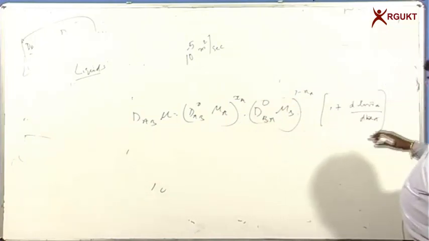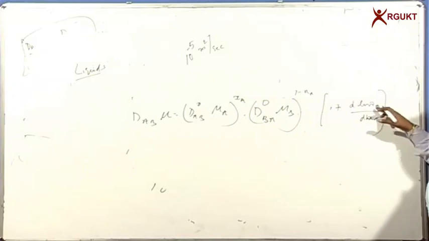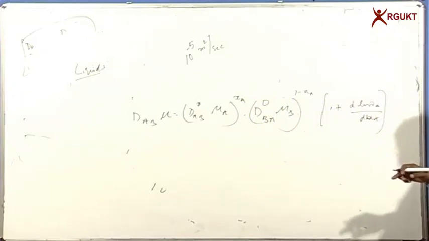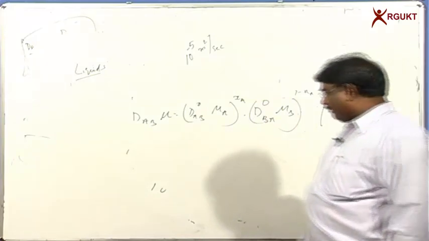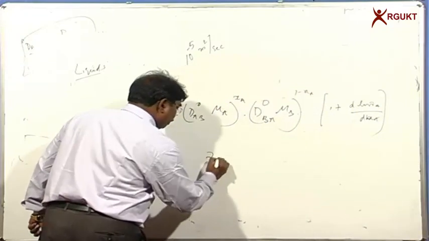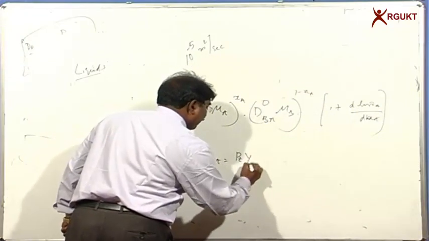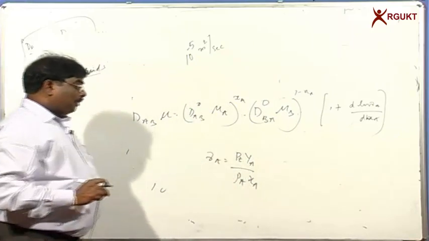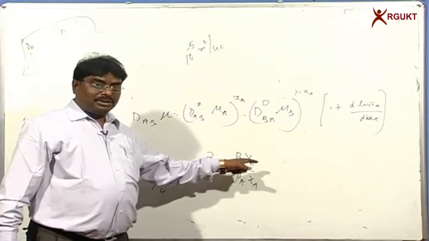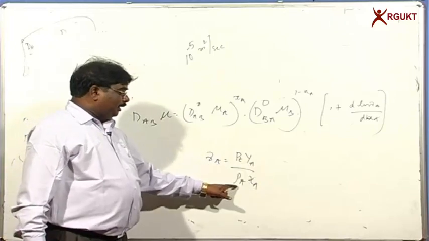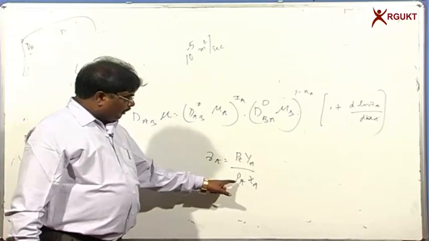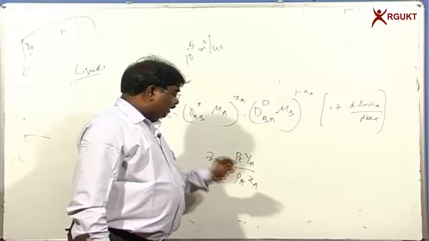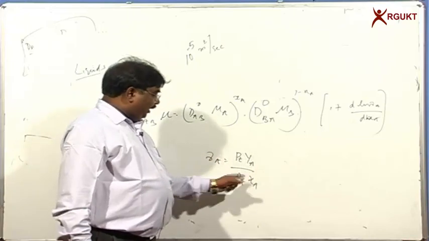And the new thing which is coming into the picture is d ln gamma A by d ln X_A, where gamma A is nothing but the activity coefficient, and this activity coefficient is given by P_T into Y_A divided by P_A into X_A, where P_T is the total pressure, Y_A is the mole fraction of A in the vapor phase, P_A is the vapor pressure of A at a given condition, and X_A is the mole fraction of A in the liquid state.